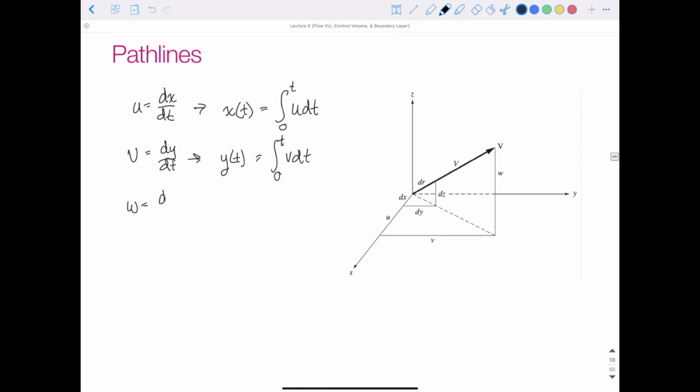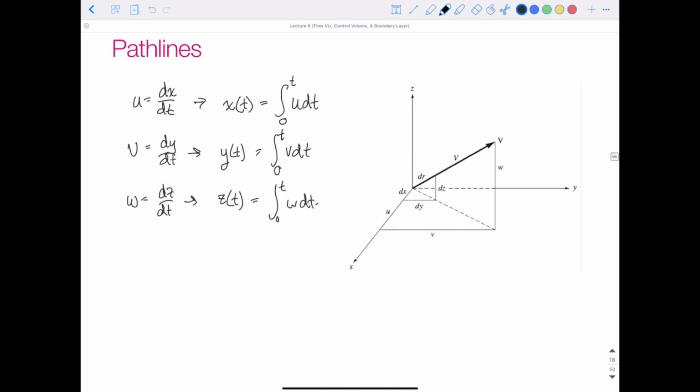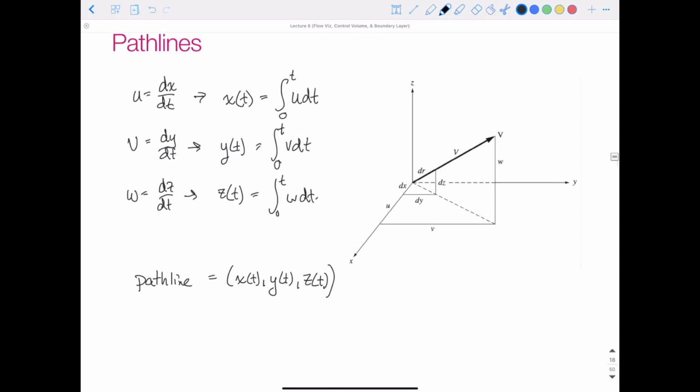And then lastly, w is equal to dz/dt. So z as a function of time is equal to the integral from 0 to t of w dt. So then our path line is just, that would be our path line function.